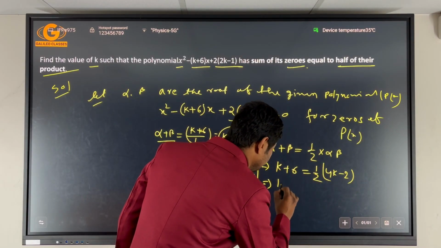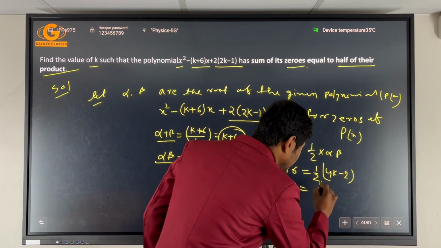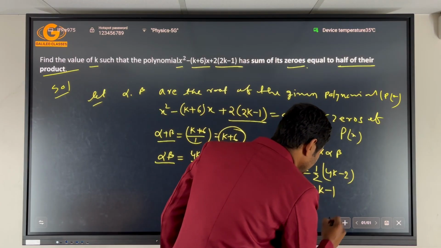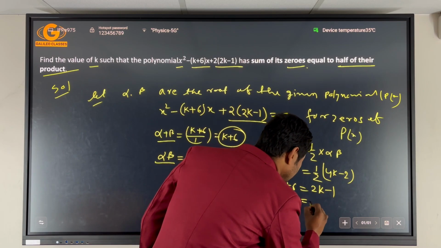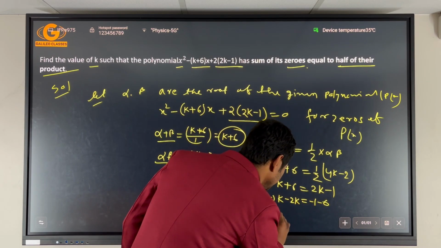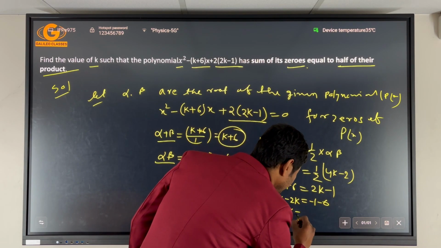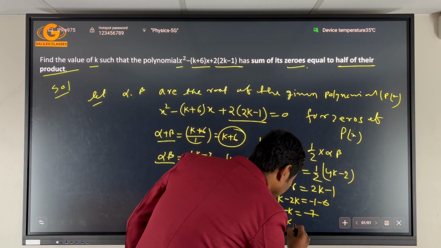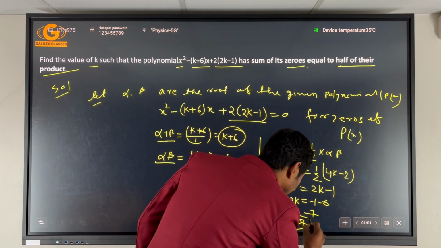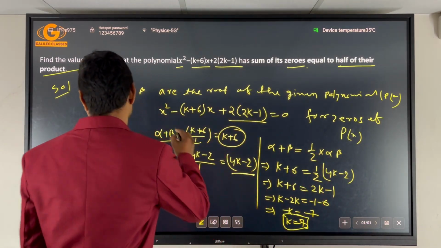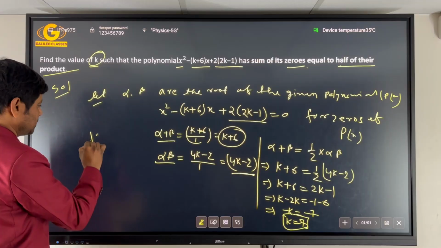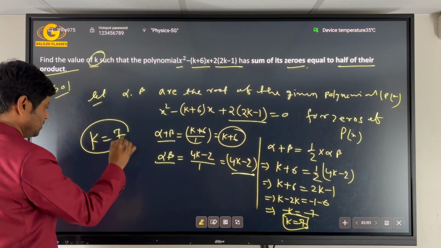Then it will be k plus 6 is equal to 2k minus 1. Then k minus 2k is equal to minus 1 minus 6. And minus k will be minus 7, and k is equal to 7. Therefore, the final answer for the value of k is 7.